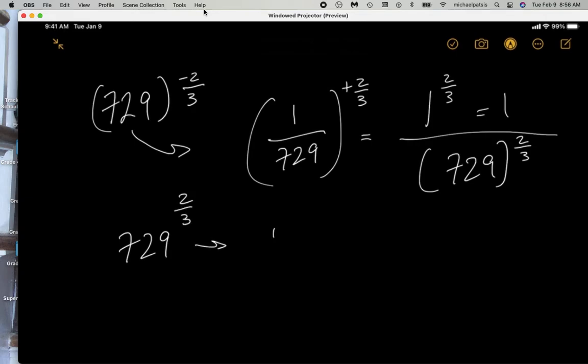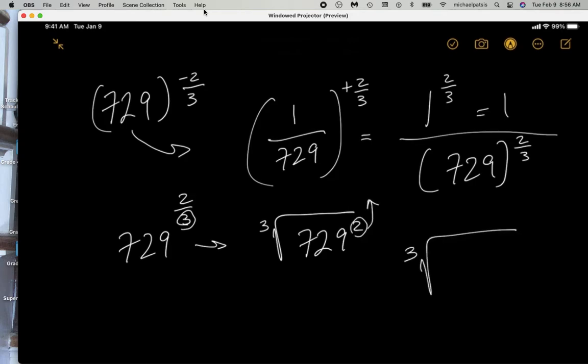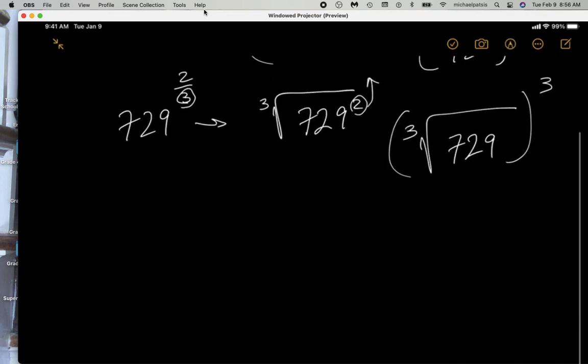We convert that to a radical. Here's our root. Take this, we flip it up top. Cube root of 729. Whenever you see 9s, you think about 3s and 9s.